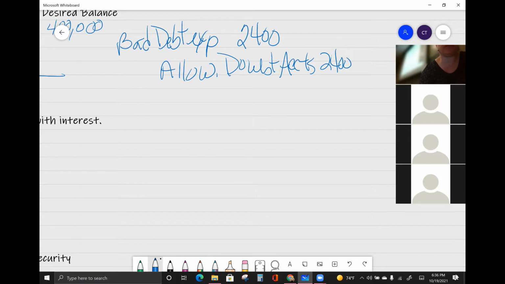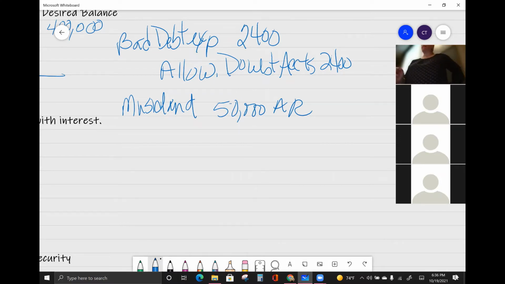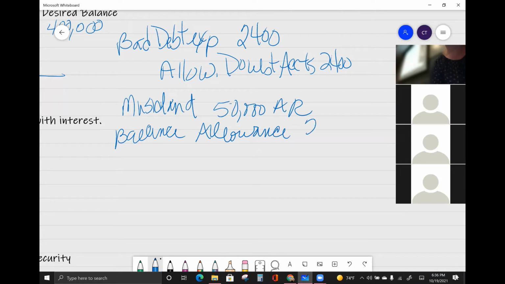All right, so Musicland has 50,000 in accounts receivable. The balance in the allowance account is a $200 credit.